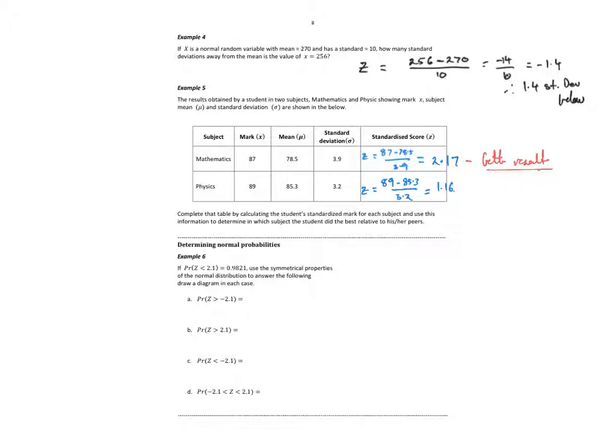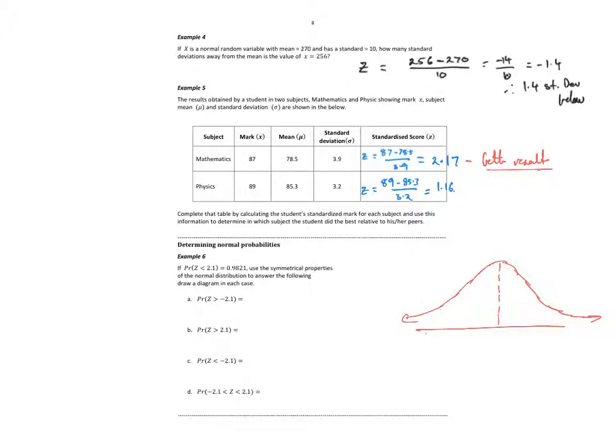A more mundane usage of my Z value is to use it to help determine other probabilities. So again, as soon as I have a normal question, I'm going to draw a graph. What does this say?